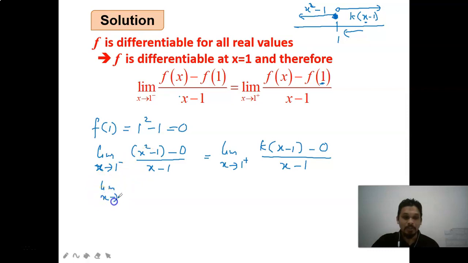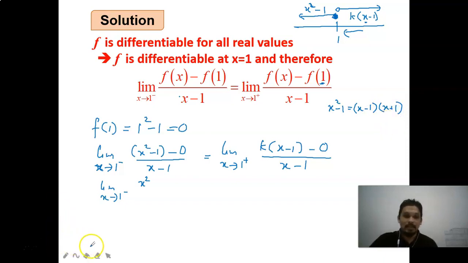Limit x approaching to 1 from left, it has x squared minus 1. This is a kind of quadratic that can be factorized. Do you still remember? Okay, let's try. x squared minus 1 equal to x minus 1 and x plus 1.